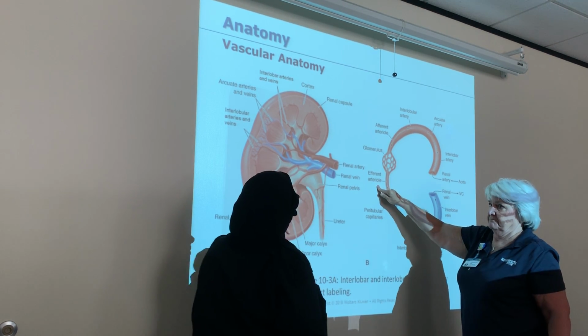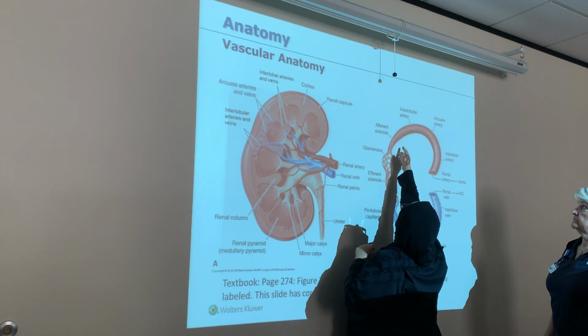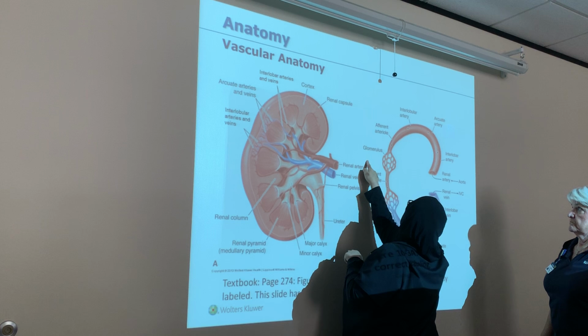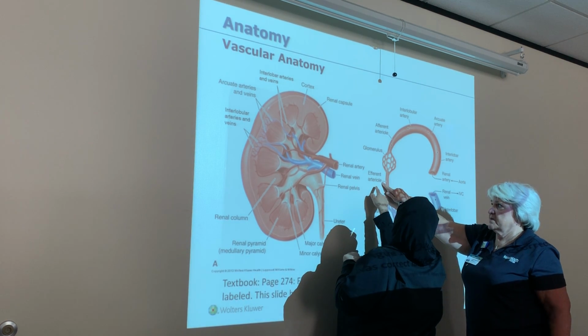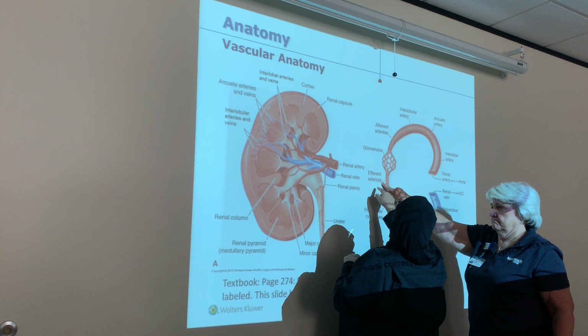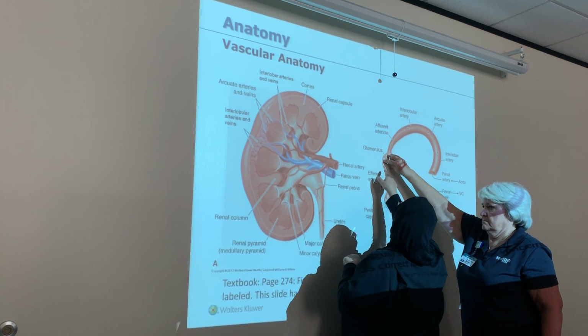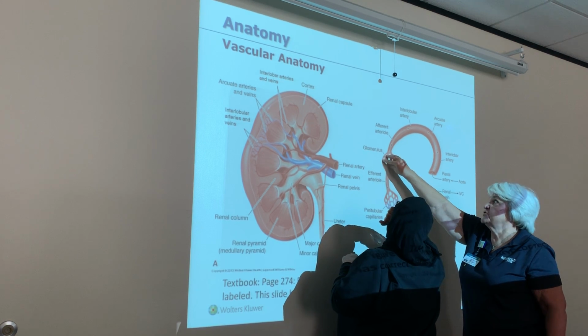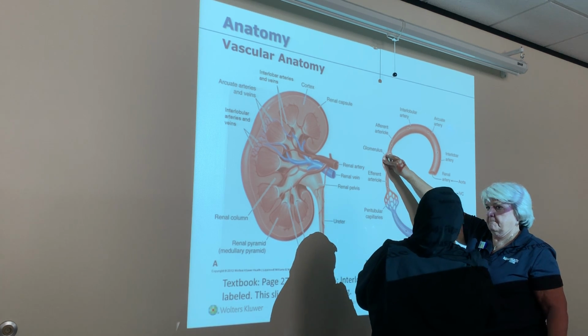These are going into the nephron. These are going out of the nephron. But this is part of the nephron. This is just a glomerulus. And this is just capillaries. This is where all the exchange takes place.